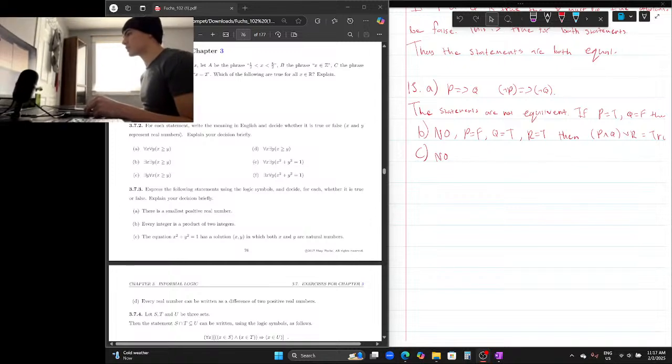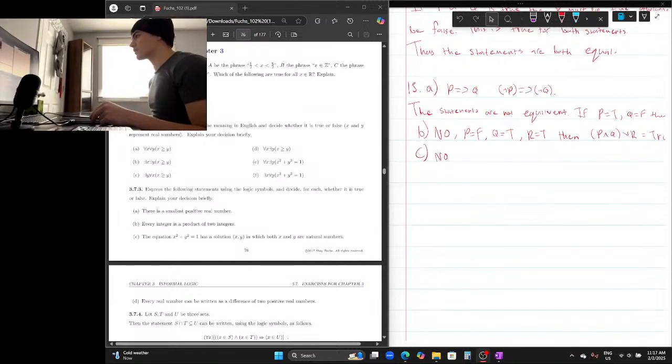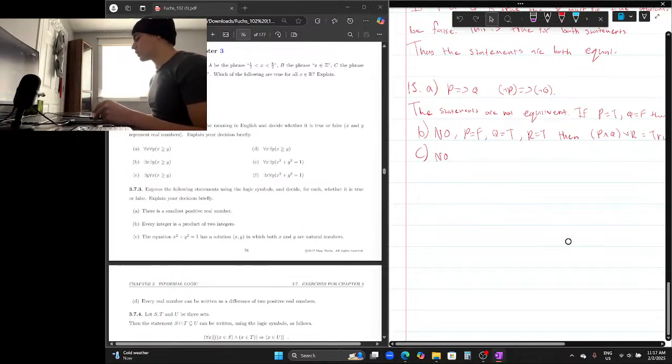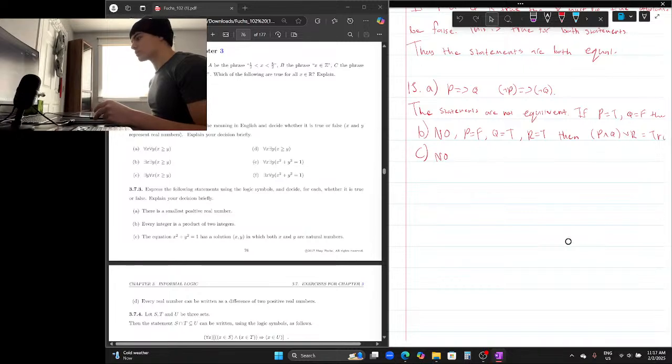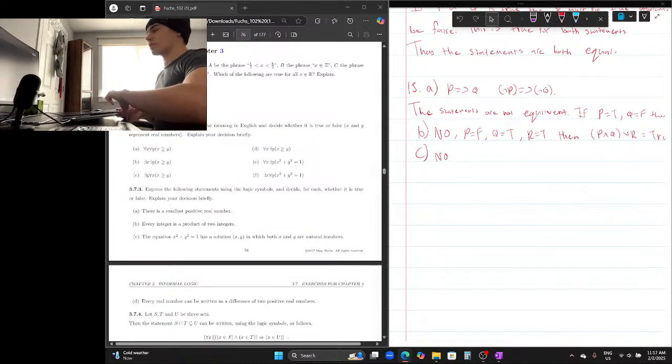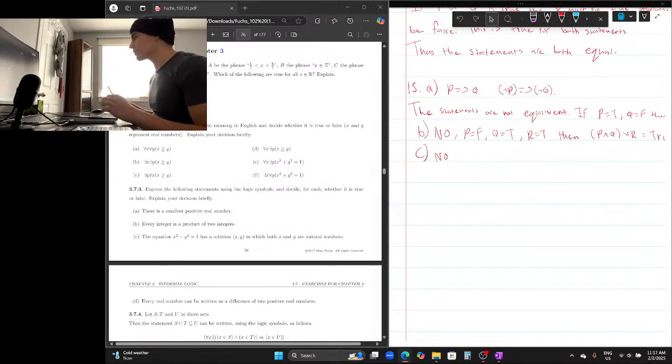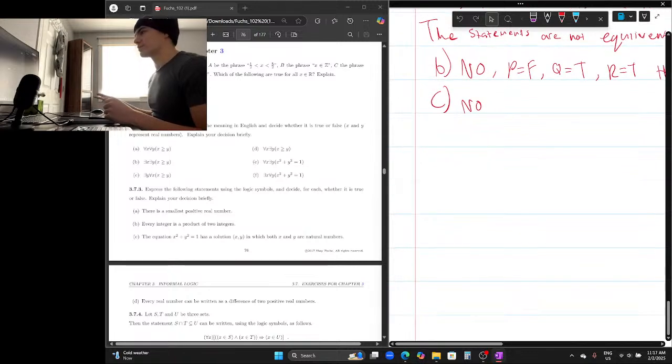Why does it look like that? Hello. I can't see chat if someone's chatting, so maybe I'll figure that out along the way. Anyways.